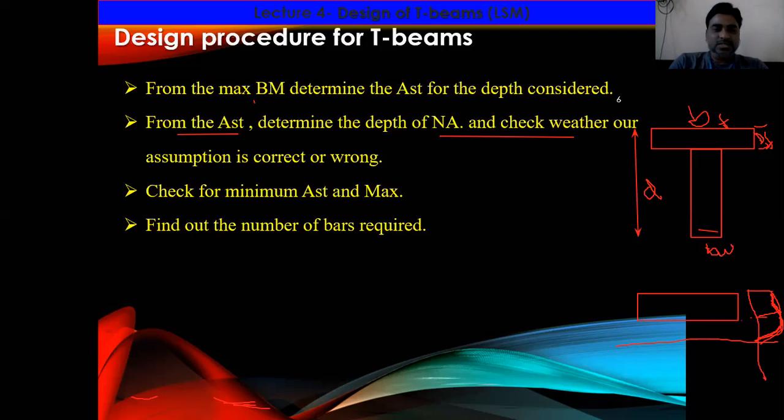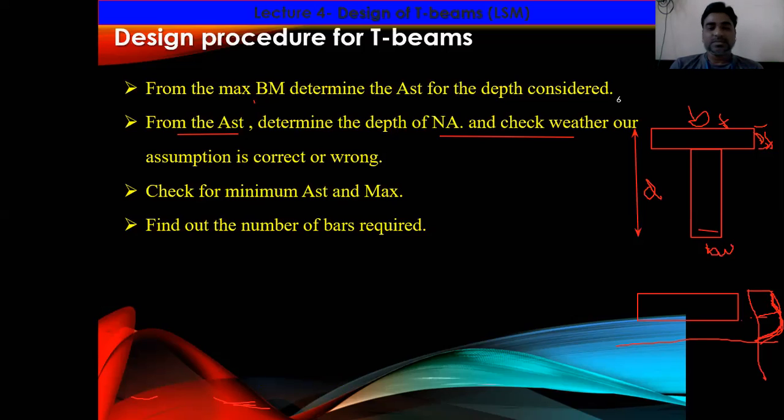That means you can assume the diameter of the bars and determine the number of bars, and you can provide the steel bars, right? Suppose the condition is not satisfied, that means the area of steel required is less than the Ast minimum as per codal provision, then what you have to do?